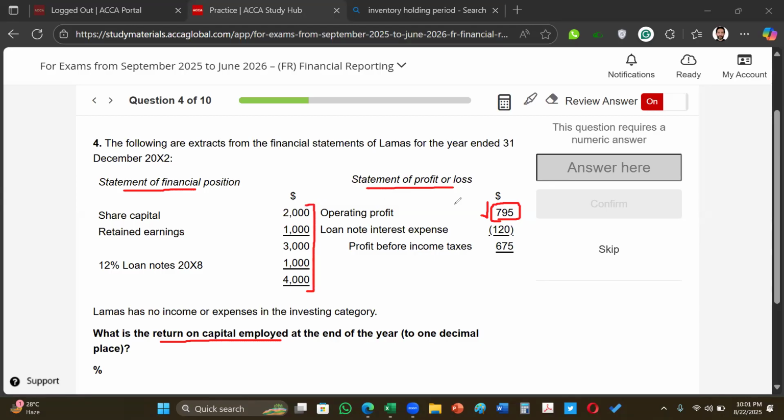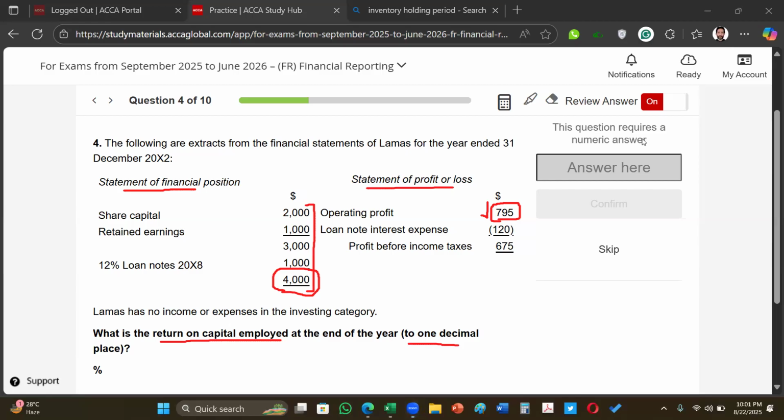So can you people do the math for me? 795 divided by 4,000 multiplied by 100. What is the answer that you get? We have to get it to one decimal place. 19.8. Yeah, 19.9. So that's very good. That was easy.